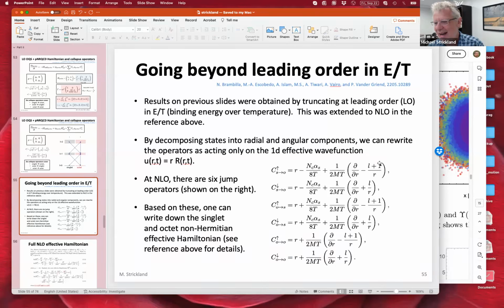The expansion, at least for those states, is okay, because the binding energy over temperature for the excited states is actually better than for the ground state. But in practice, we just apply these differential operators to the wave function and let anything that can happen happen. Qualitatively, instead of just going out in R, which is what would happen at leading order, the combination of these next-to-leading order terms keeps the wave function more localized.